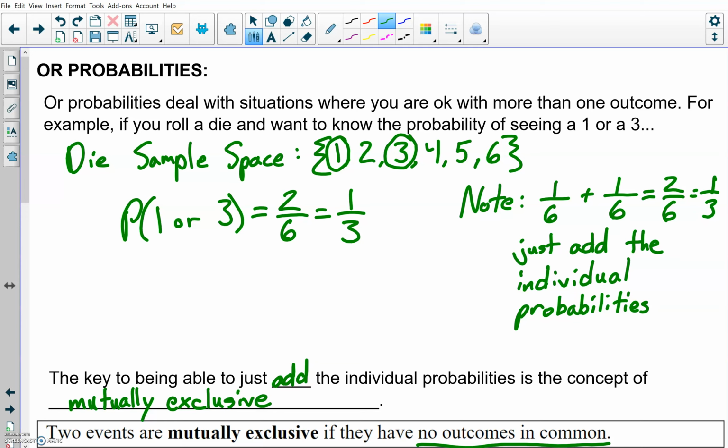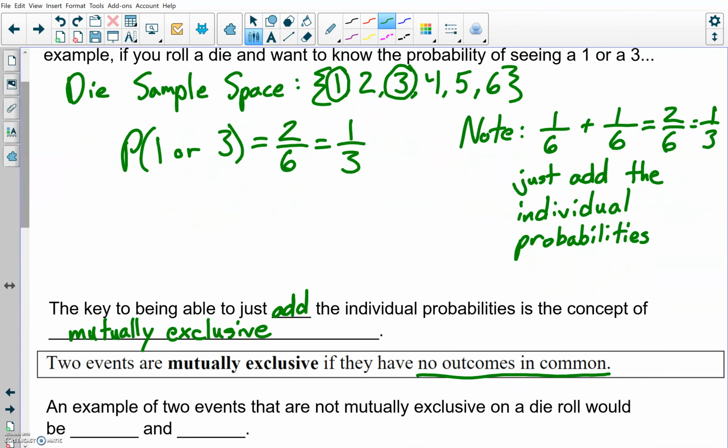And when I looked at the 3, that was the only thing that was a 3. There wasn't any overlap between outcomes. There wasn't something that was both a 1 and a 3 at the same time, a common outcome that satisfied both. So that mutually exclusive idea is when there are none in common between the two events.